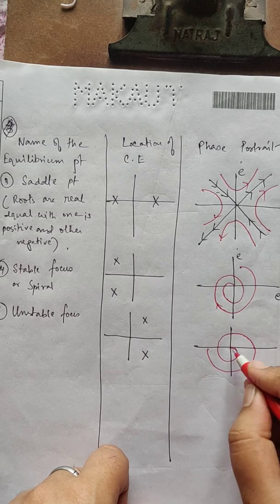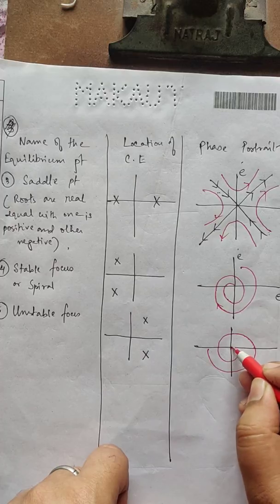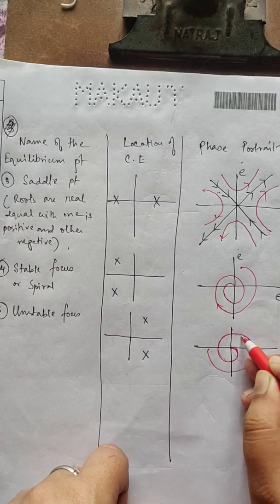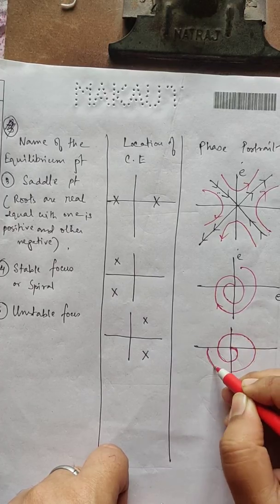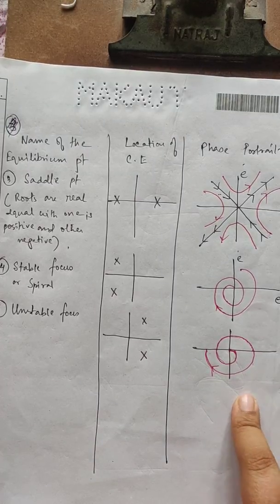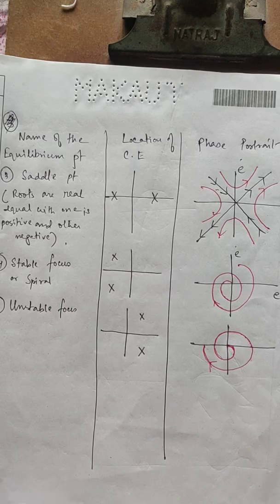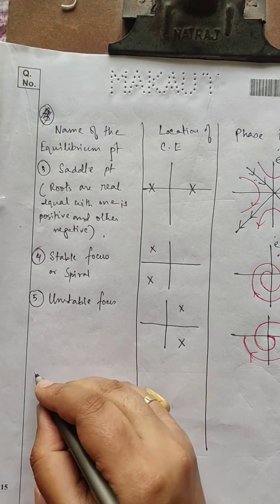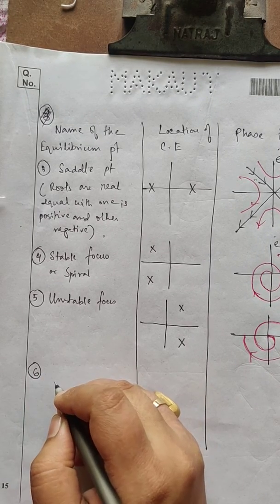If you draw in this way, you start from the origin, and since it is on the positive side, it will go away from the origin, with the arrow on the outer side indicating that this is an unstable focus.